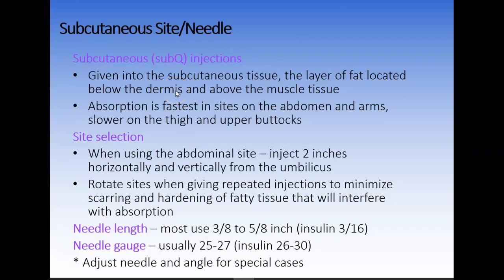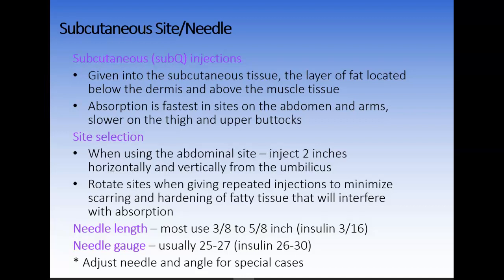Okay, so a subcutaneous needle. As we said, there's a layer of fat below the dermis. The absorption is fastest in sites in the abdomen and arms, slower on the thigh and upper buttocks. Okay, so just be aware of that. When you're using your site selection, inject 2 inches horizontally and vertically from the umbilicus.